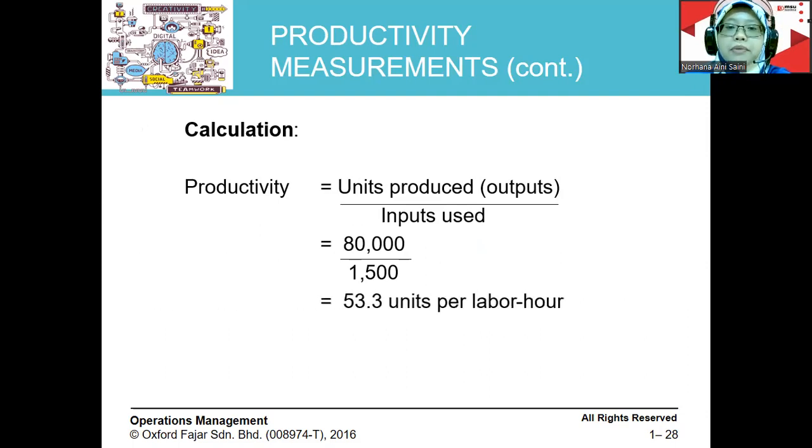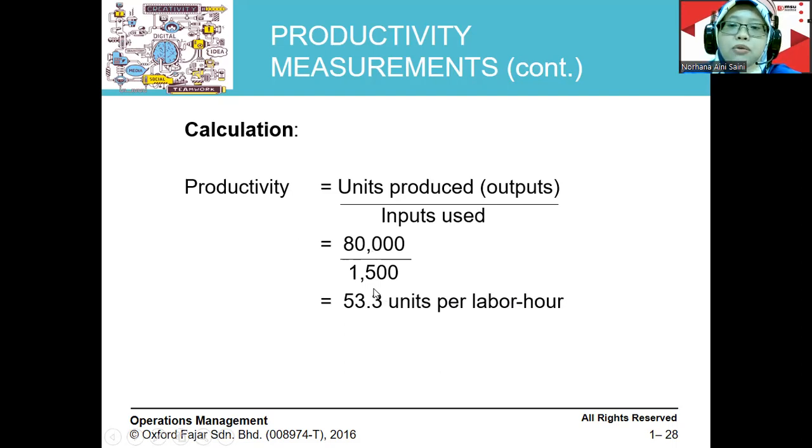Okay, so we have the 53.3 units per labor hour. When we do the calculation, we need to know the unit. For example, units per labor hour. If you just put 53.3, and there is no unit after this, it is wrong.